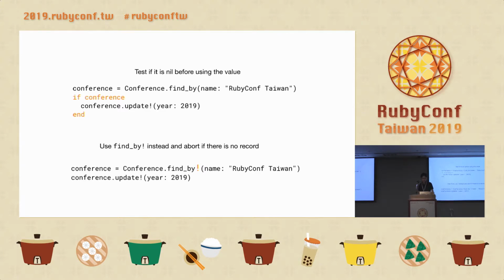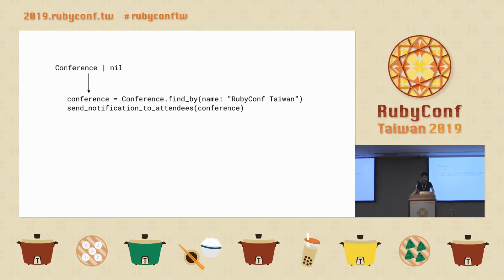Or another option is that you can use the find_by_bang method instead of find_by. The method raises an exception if there is no record. So if there is no record, the program execution will be aborted and the conference variable cannot be nil now. So this is a very small example, and you will understand what is wrong, and you can easily find how to fix the problem. But how about this?